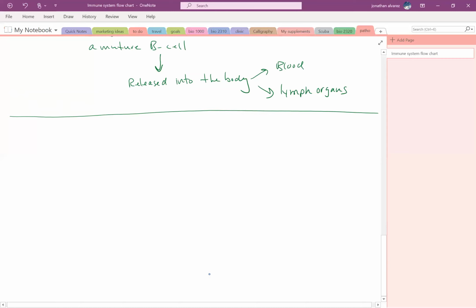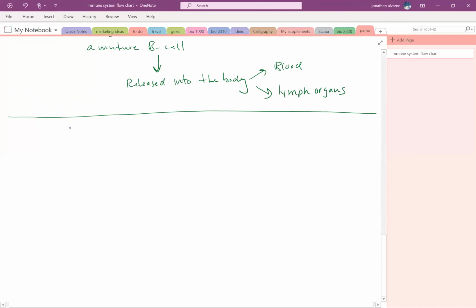So B cells, or hold on, antibody production. All right, so B cells can divide.